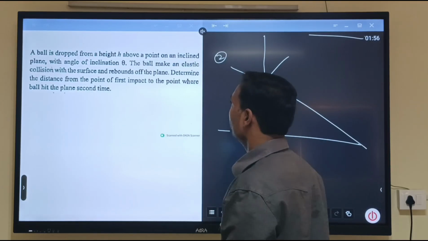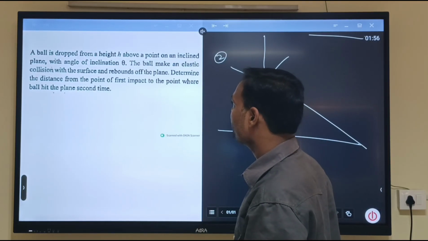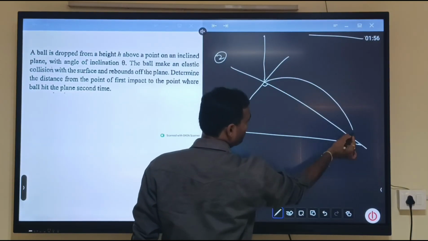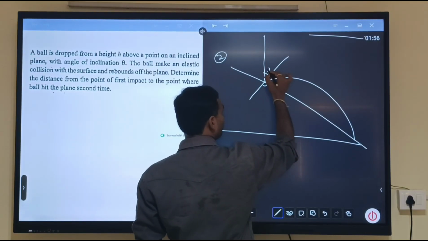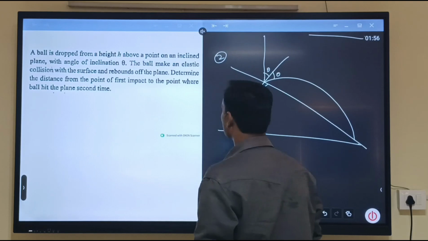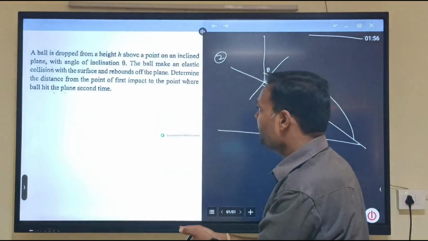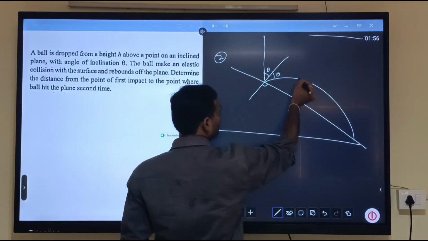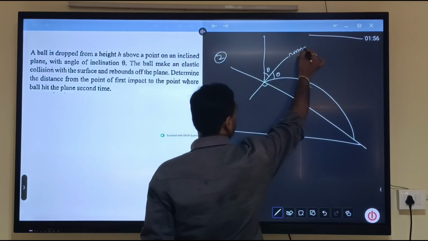The ball makes an elastic collision with the surface and rebounds off the plane. After the elastic collision, it rebounds like this. Theta becomes the same here because it is an elastic collision. Angle of incidence is equal to angle of reflection with respect to the normal.